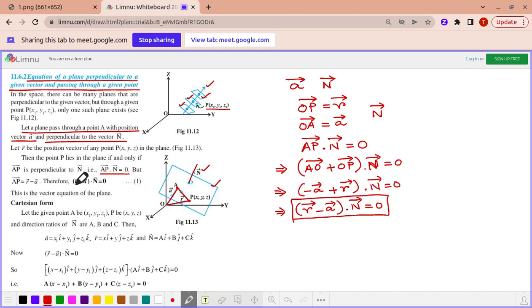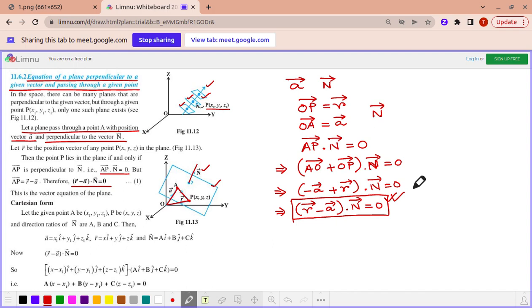So this is the equation you see. That is the vector equation. I repeat once more, whatever we have derived now is the vector equation of a plane passing through a fixed point having position vector A and perpendicular to a vector n vector.